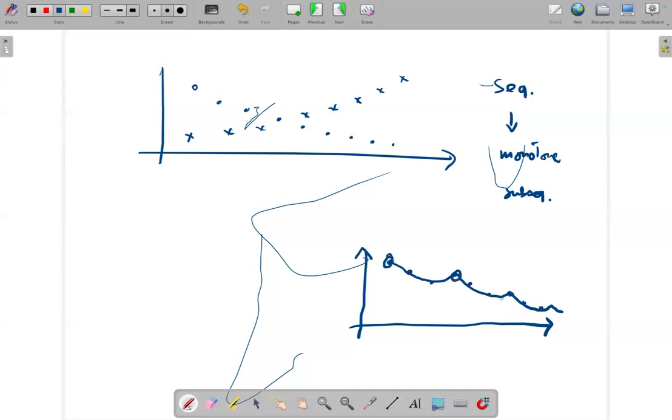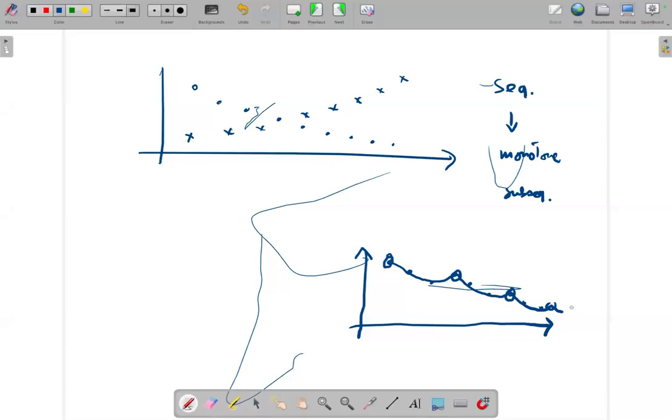By peaks, I mean that this value is greater than all the remaining values. Similarly, this value is greater than all the remaining values, and so is this one. So I can construct a set containing such points, if possible, that I have certain peaks which are decreasing in nature. So this will give me a decreasing, monotone subsequence.